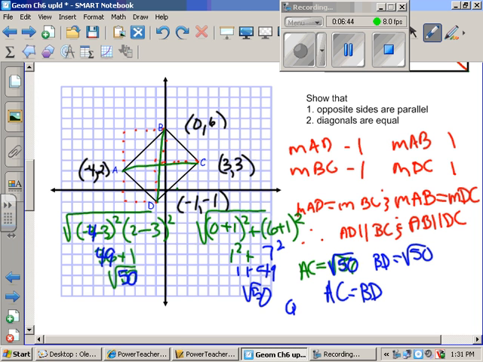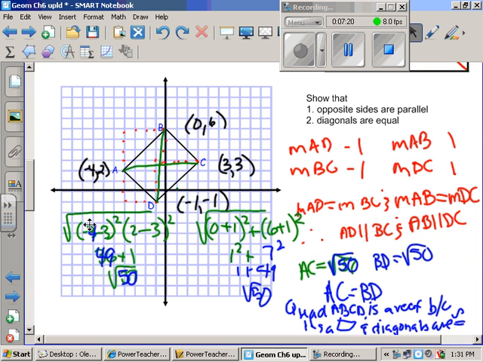So quadrilateral ABCD is a rectangle because it's a parallelogram and diagonals are congruent. Okay? All right, so that's rectangles.